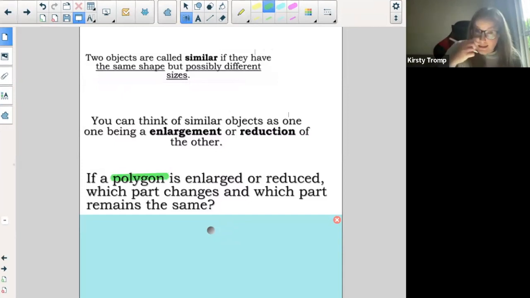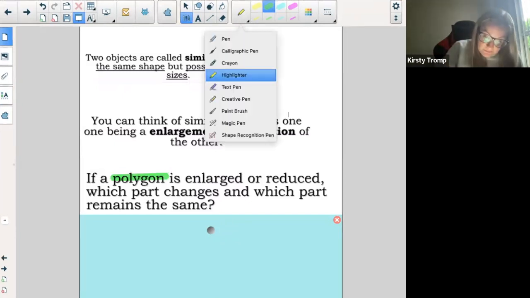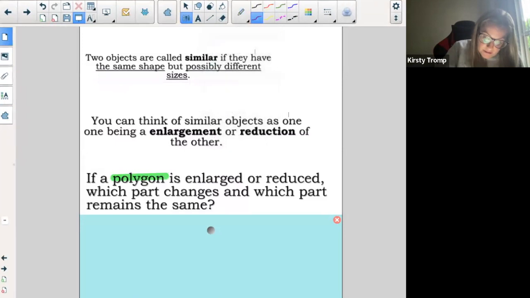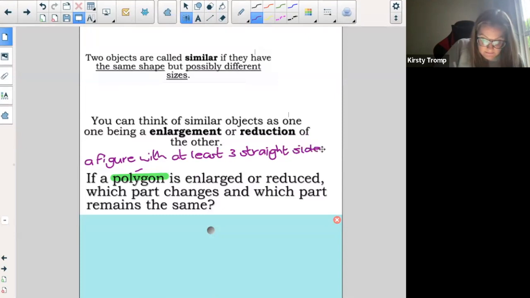The word polygon means a figure with at least 3 straight sides and angles.